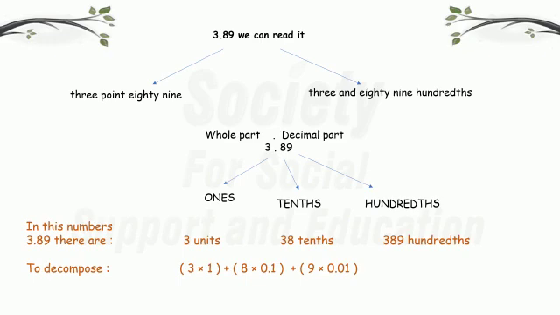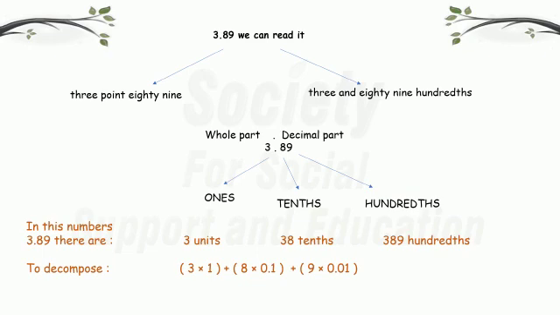How can we decompose a decimal number? Before the point, we multiply by 10 or 100 or ones. After the point, we use the decimal number. So to decompose the number 3.89, we say 3 times 1 plus 8 times 0.1. Why times 0.1?